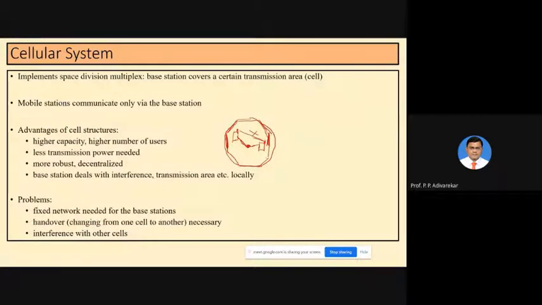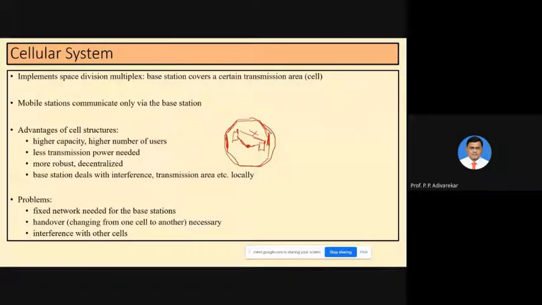So we'll see what the advantages of creating this particular cell structure are. We know that the smaller the coverage area, the smaller the number of users it can accommodate. The larger the coverage area, the larger the size of the cell, and a large number of users can be covered under that.